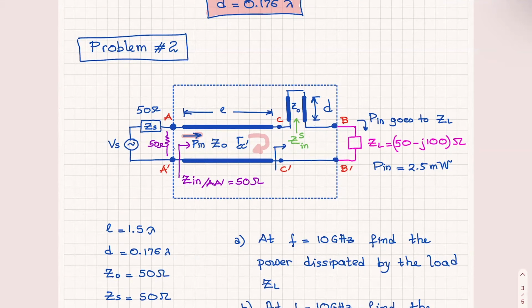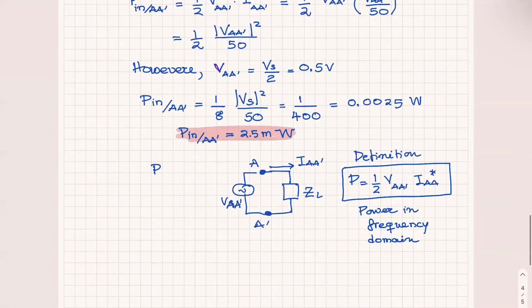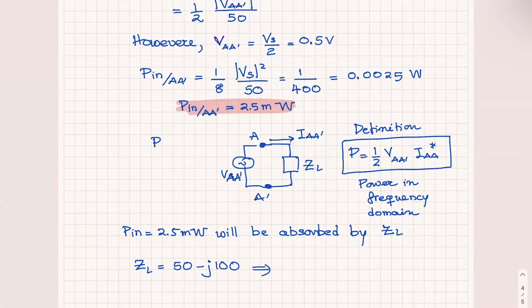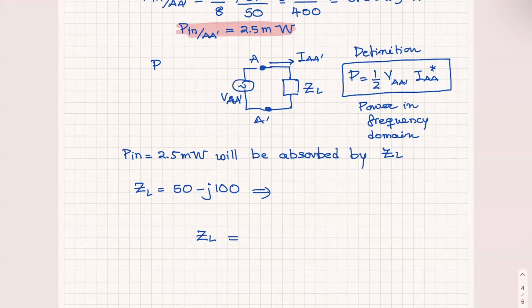Ideally, P in, which is 2.5 milliwatts, will be absorbed by ZL, where ZL is 50 minus j100, which implies that ZL is nothing else but a resistor of 50 ohms plus a capacitor, which is C_L here.